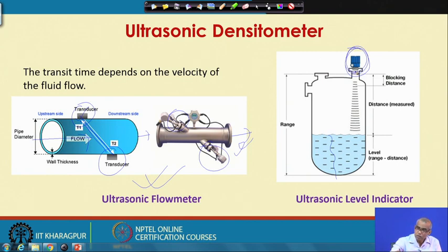So, you generate ultrasound, ultrasound comes, gets reflected from here, goes back, and that time is noted down. So, if I know the velocity of the ultrasound in this medium, which in this particular case may be air medium above the liquid, I know the distance it has covered. So, I can find out this height.